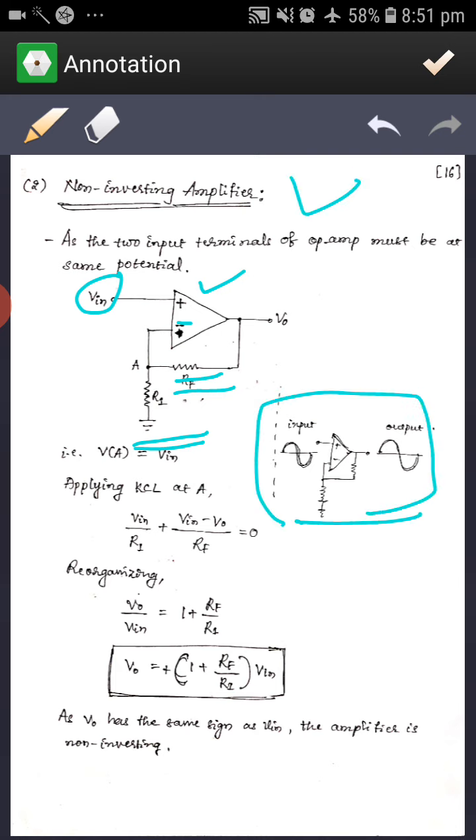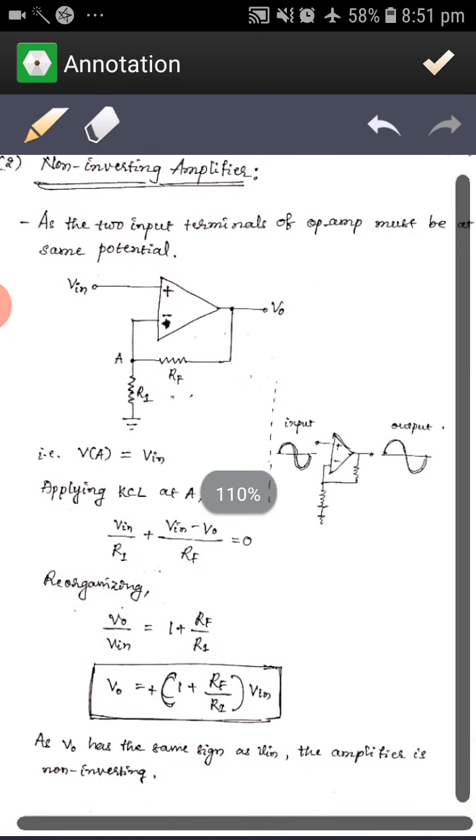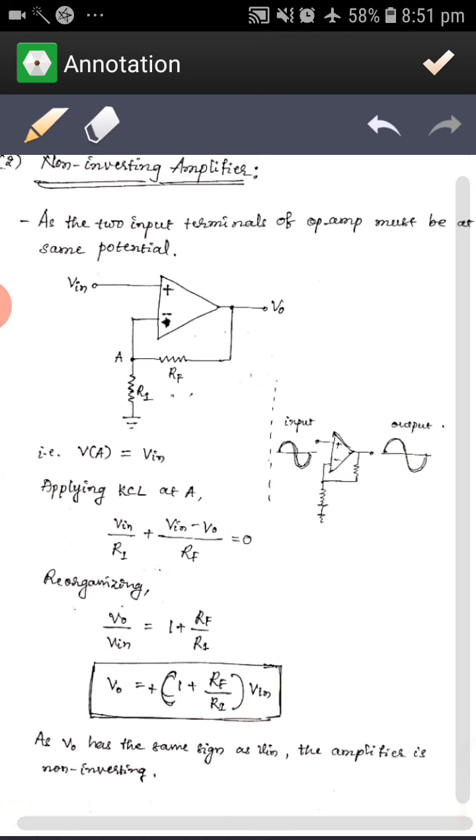Practically, if you apply a sinusoidal signal, the output will be in phase with it, in an amplified version, with either 0-degree or 360-degree phase shift. As we said, the voltages at both places are the same, so we can say that V of A, the point A we are mentioning, is equal to Vin.